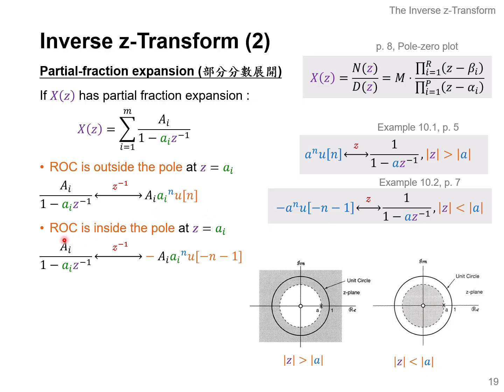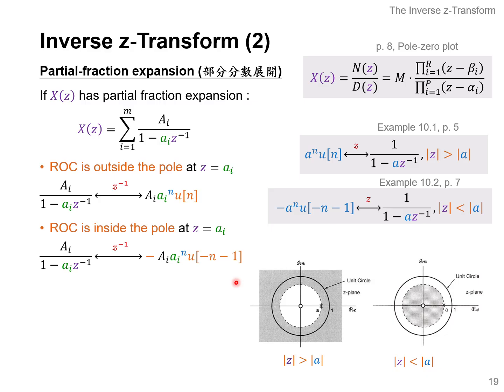Case 2. ROC is inside the pole. The shaded region is inside the circle through the pole. Here, the inverse Z transform gives a left-sided signal. Its form is a constant times ai to the n multiplied by u of minus n minus 1. The step function keeps the signal for negative time.